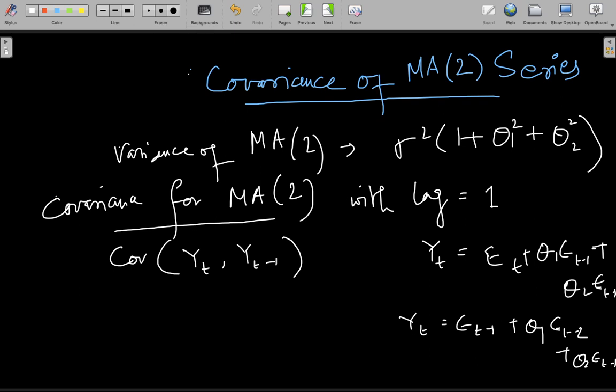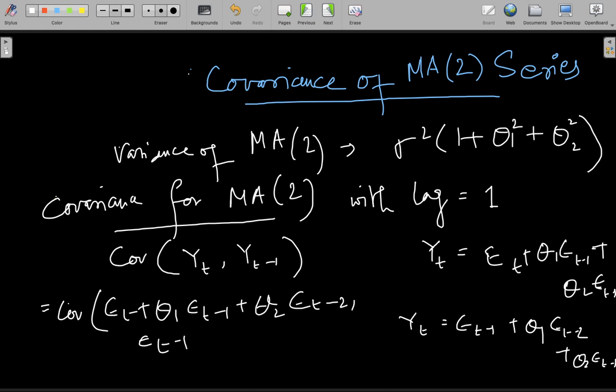So now if we substitute the yt and yt minus 1 values here, covariance of epsilon t plus theta 1 epsilon t minus 1 plus theta 2 epsilon t minus 2, comma, epsilon t minus 1 plus theta 1 epsilon t minus 2 plus theta 2 epsilon t minus 3.